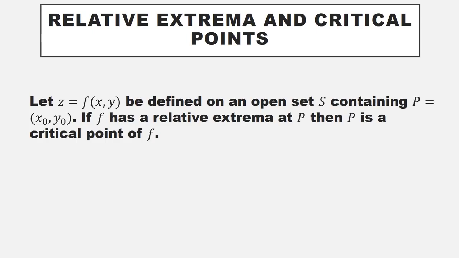We have a function with inputs from R2 defined on some open set containing point P. The connection is that if my function has a relative extrema at point P, then point P is a critical point of my function. So if we have a relative extrema, then the point is a critical point of f.